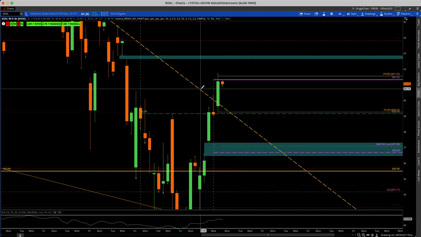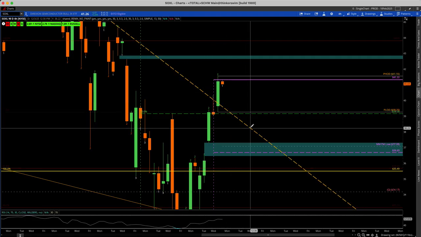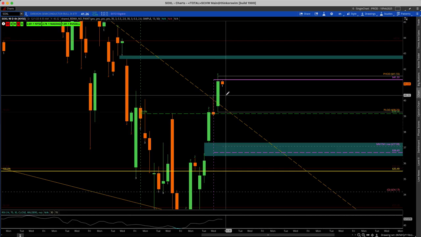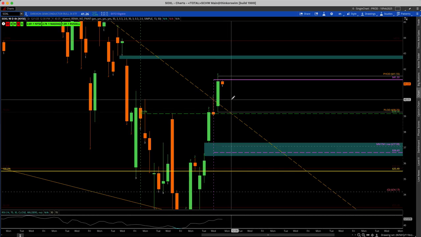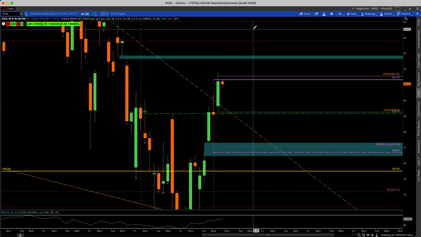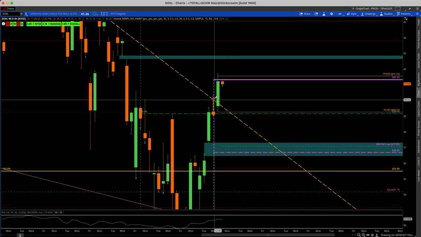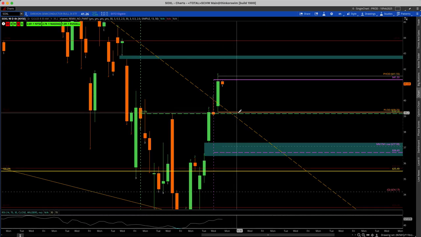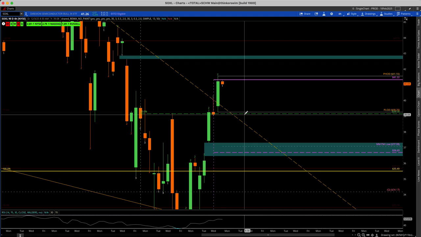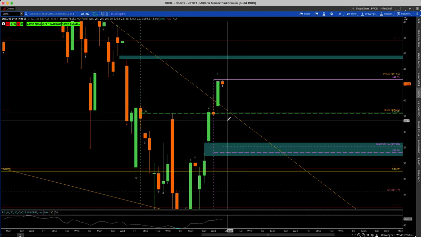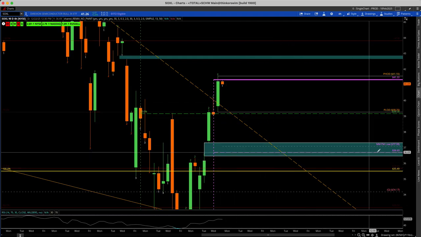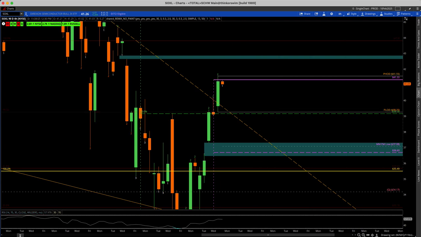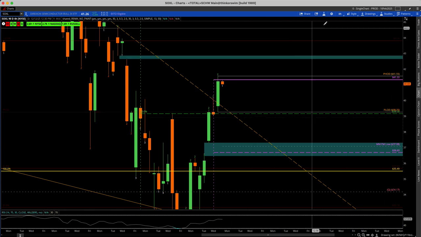You can see that daily downtrend line that we drew. We're not totally above it, right? I would like to see a higher low above that level to really confirm that we've broken it. We could still get pulled back below it, and you can see why. That downtrend line coincides with last month's 50% level, which could act as resistance and put us back into either a range or just start pulling us back down again.